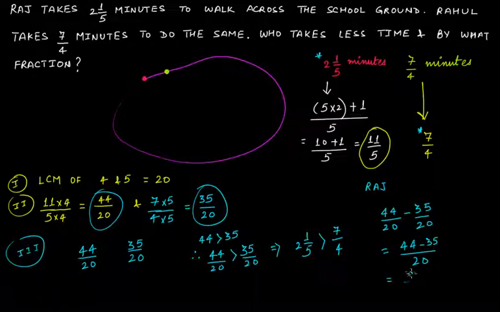This will give you what? 9 over 20. So this is the fraction. By this fraction, Raj is taking more time than Rahul to travel this whole ground.